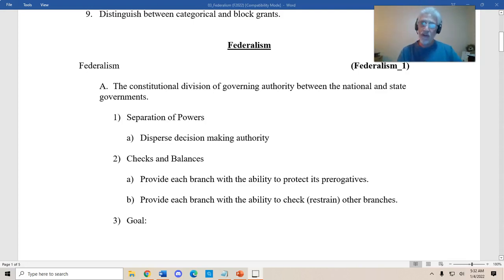If you recall from the first lecture, we came from a unitary system where the king had all the power. The king could write the laws, the king could enforce the laws, the king could interpret the laws. What the framers said was this is exactly what leads to tyranny. Giving one person all that power is problematic.